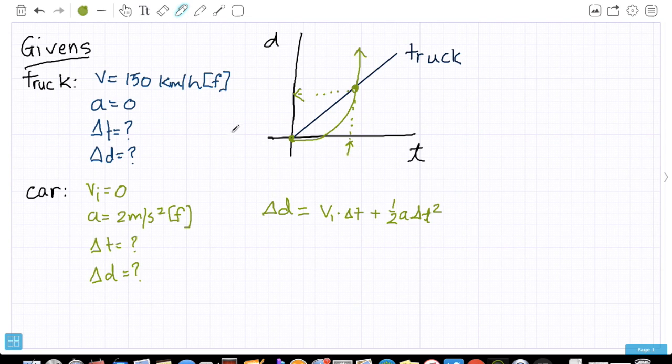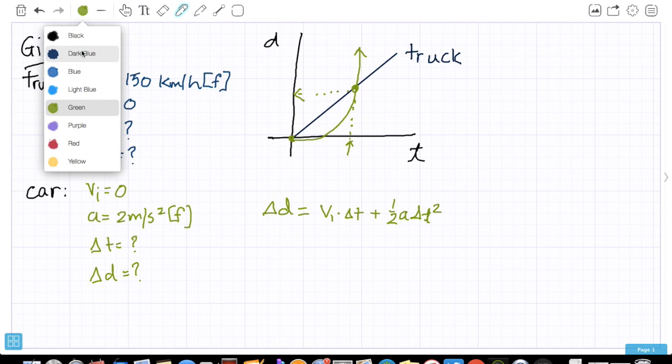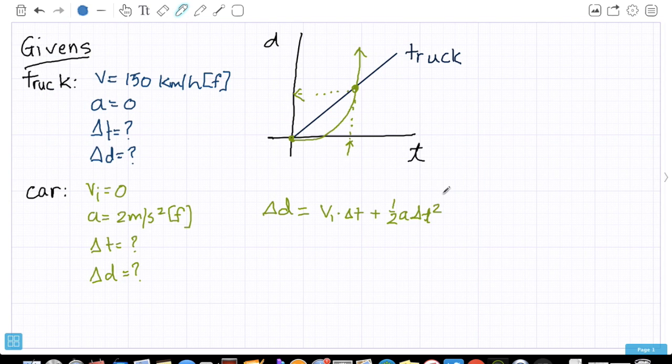And for the truck, it's delta D is equal to V times delta T. The reason why there's no second term here is because the acceleration is 0 and this term disappears. Because delta D for the truck is the same as delta D for the car, as we can see up in the graph, we can merge these two equations together.